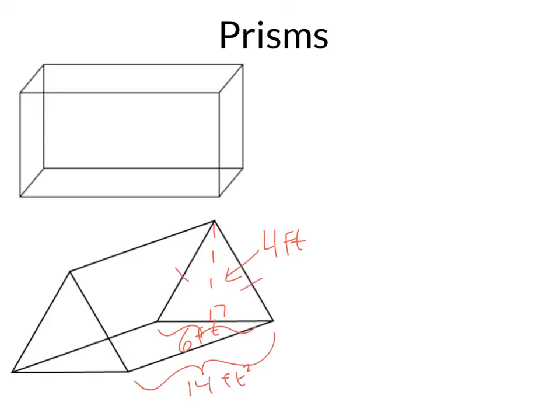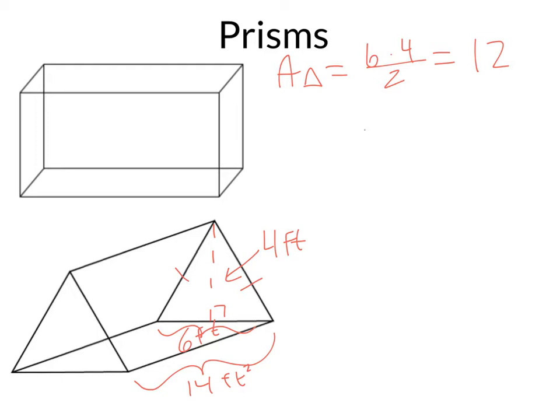Okay, so let's see what we got here. If I'm going to find the area of my triangle, I'm going to notate it that way for my work. Keep it all organized. Base times height divided by 2. So 6 times 4 over 2. That's going to give me, well, 24 over 2 is 12.